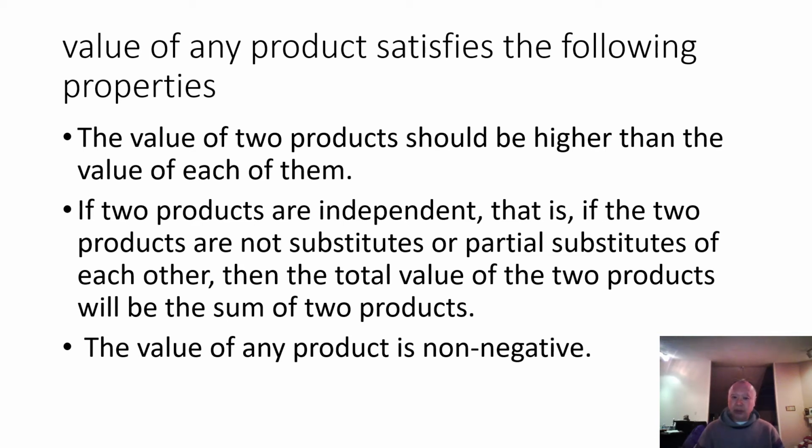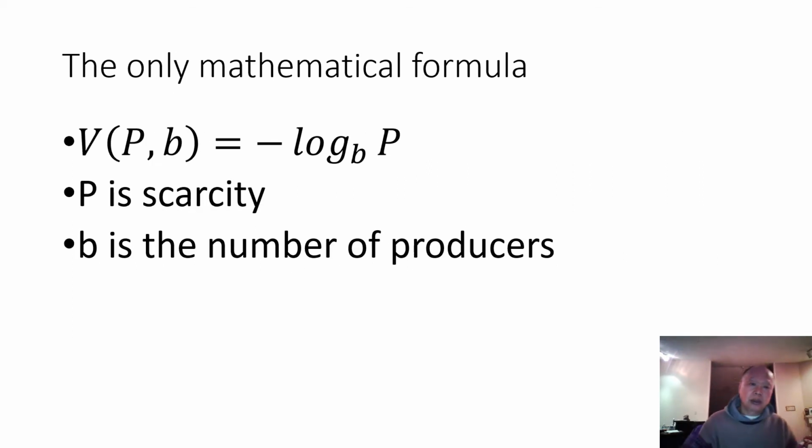Third, the value of any product is non-negative. The only mathematical formula that satisfies the three conditions before is the following log function. Here, P is scarcity and B is the number of producers.